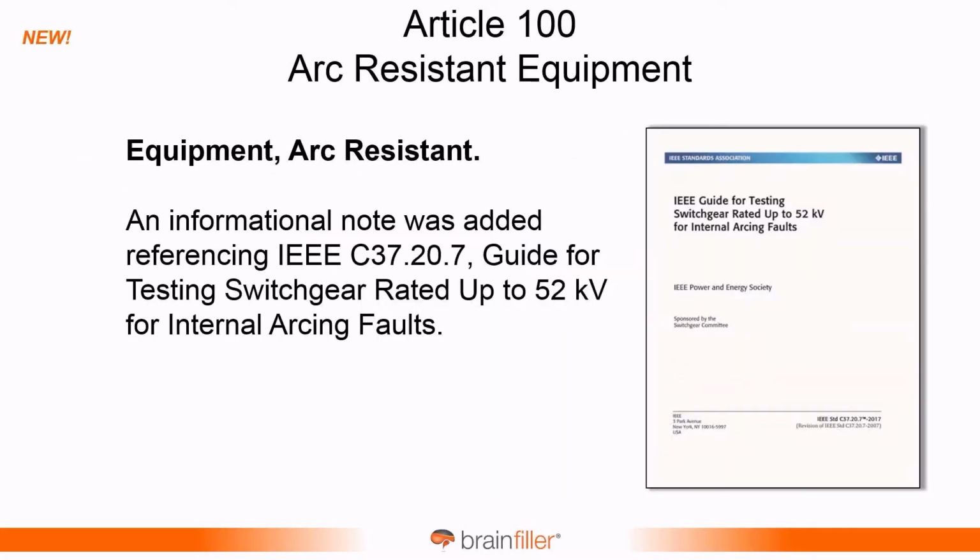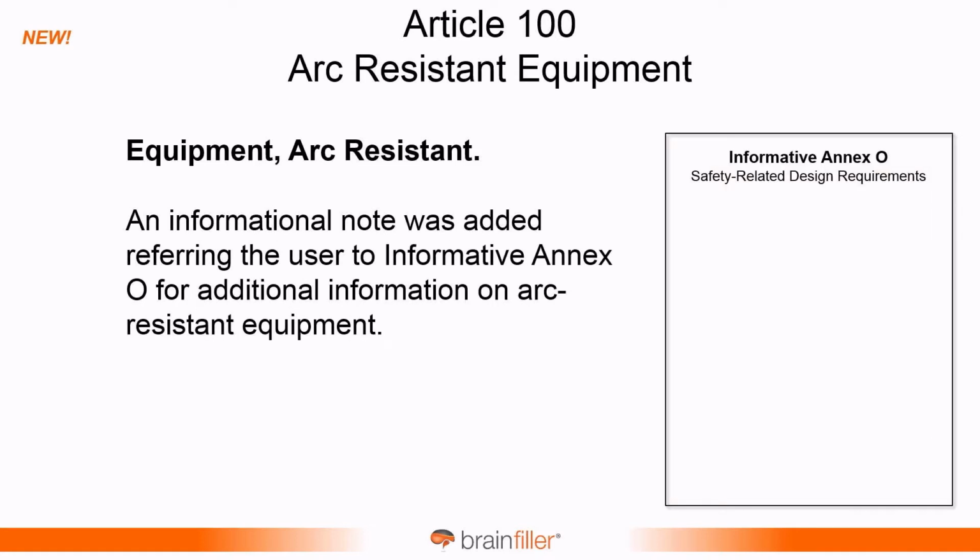An informational note was added this time around referencing the appropriate standard, IEEE C37.20.7, which is the guide for testing switchgear for internal arcing faults. There's also a reference to Annex O, which is for safety-related design requirements.